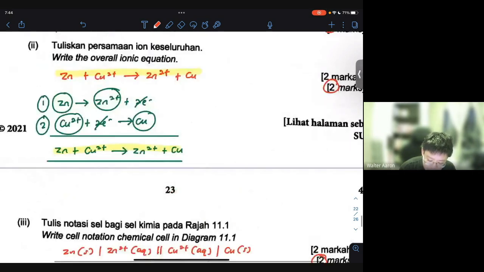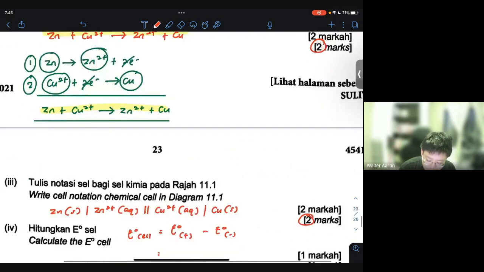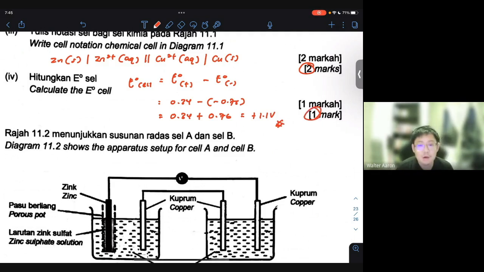So using whatever we have over here, it will technically be 0.34 minus negative 0.76. So that will be equivalent to 0.34 plus 0.76. Your answer is supposed to be positive 1.1 volts. So if you get the final answer from the calculation, you'll be able to get it correct in this case.